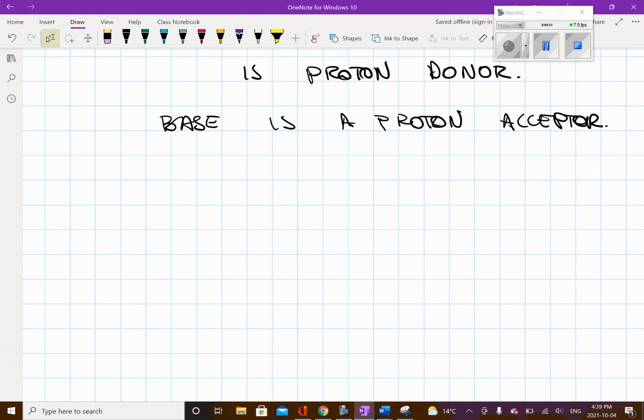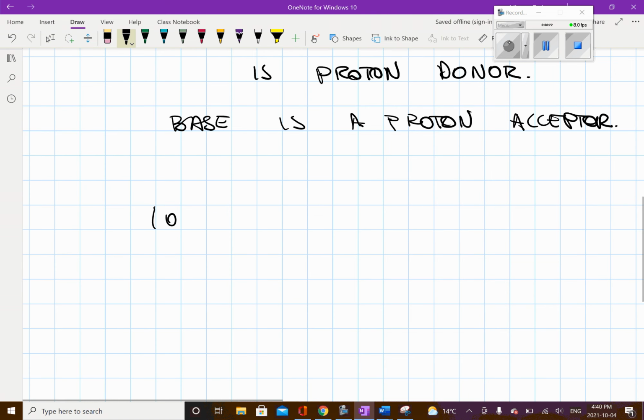Now, the term conjugate base or conjugate acid comes from mathematics. In mathematics, when you are simplifying the denominator, you are saying it's the same thing.